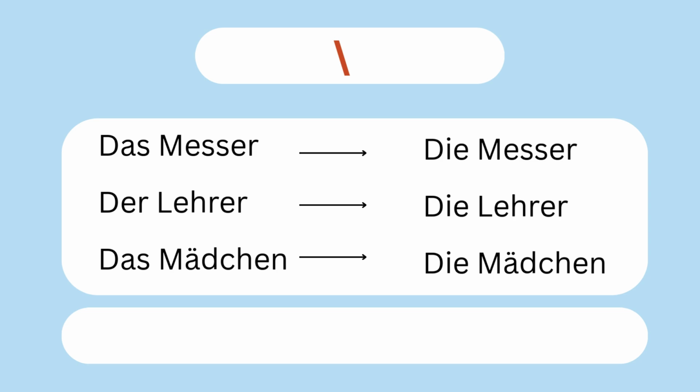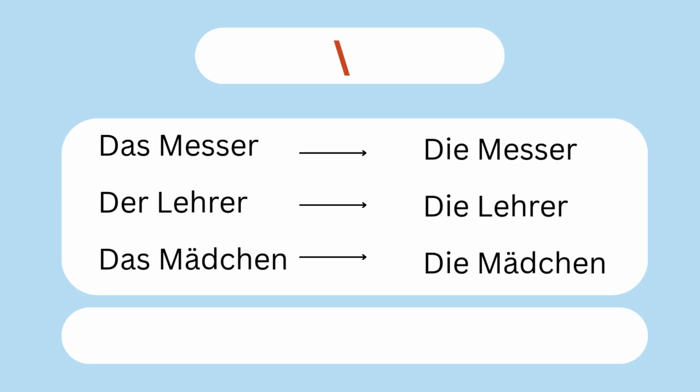First, we have words that don't change at all. For example, das Messer, in plural, remember the article changes to die, is die Messer. Der Lehrer, die Lehrer.